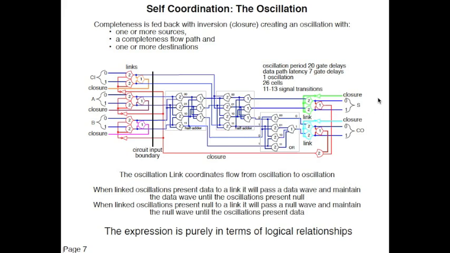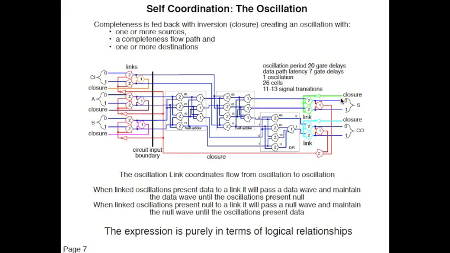There's a completeness out here, and this is the closure for the green oscillation. And when this is data, the data wavefront will play through this and will be stably maintained by this. What the completeness here says is that we're done with the data wavefront. The next oscillation has accepted the data wavefront and is stably maintaining it, and we no longer need to maintain that data wavefront. We can allow a null wavefront in.